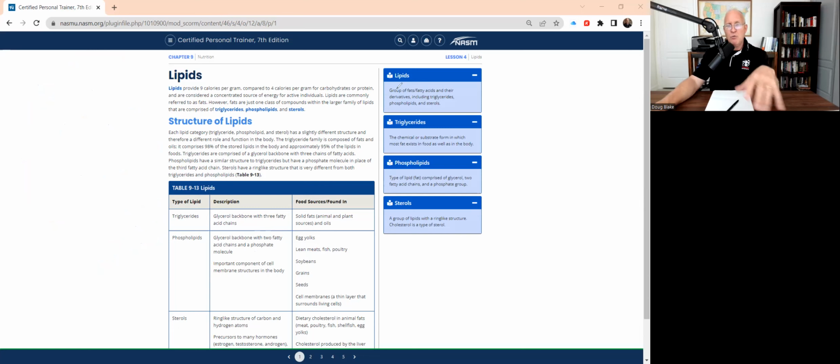And so the idea is that if you want, you can go ahead and, as an instance, look at these descriptions and food sources. Of course, very interesting stuff. It's not a bad idea to know these things, not just from a testing perspective, because they could ask you a question from this table in particular, but for your real world understanding of foods and why they are the way they are, why you shouldn't eat certain things, why certain things are good for you, this can be very helpful. So that's that page.